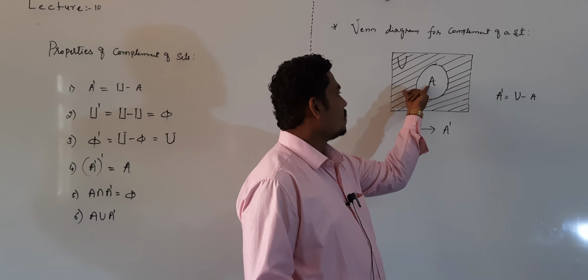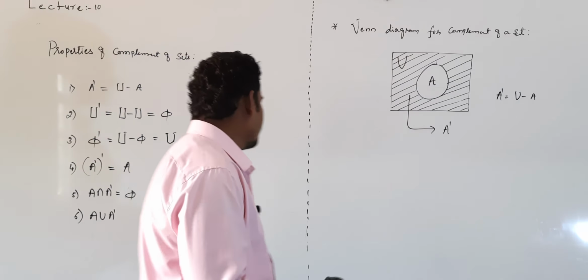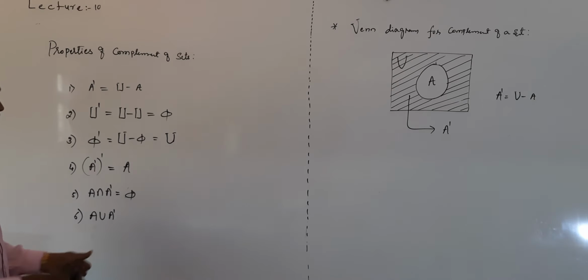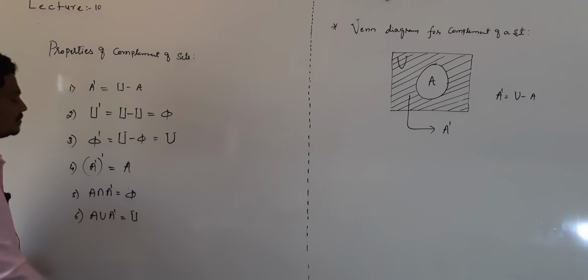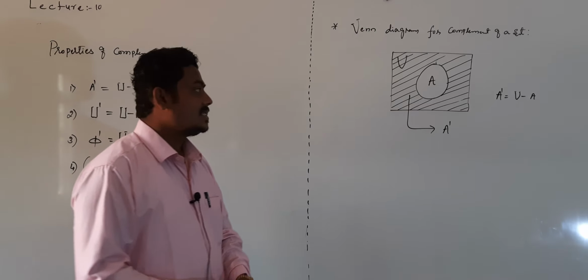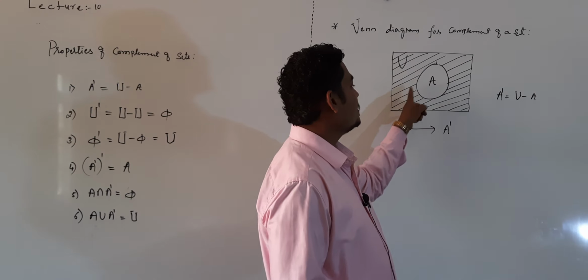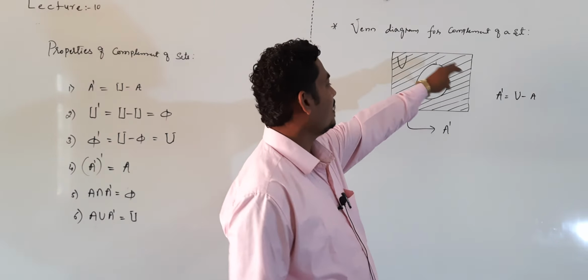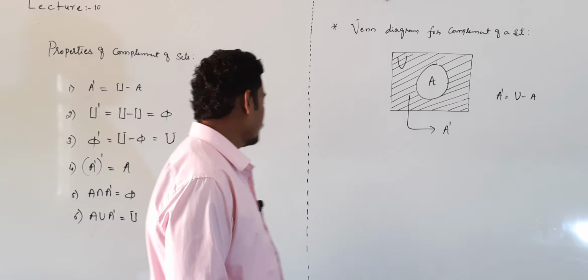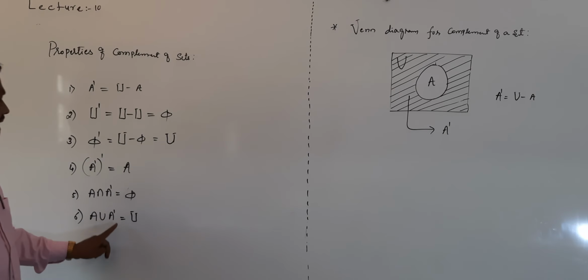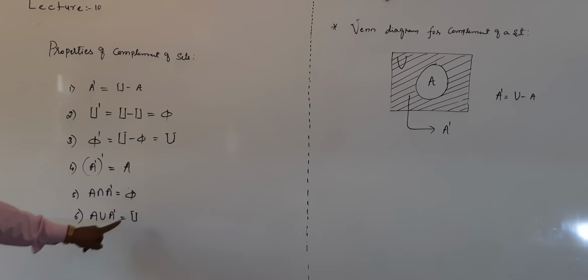These two regions together is nothing but universal set. If you take union of A and A complement, it gives universal set. Intersection is null set. If you add these two regions, it gives clearly universal set only, this rectangle represents universal set. A union A complement is equal to U.